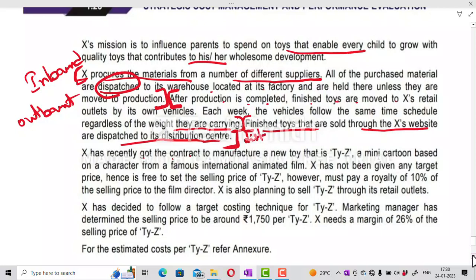X has recently got the contract to manufacture the new toy, that is TYZ, a mini cartoon based on a character from a famous international animated film. X has not been given any target price, hence it is free to set the selling price of TYZ. However, it must pay a royalty of 10% of the selling price to the film director. X is also planning to sell the TYZ through its retail outlets. So they are only planning through retail outlets in spite of their website. Okay.